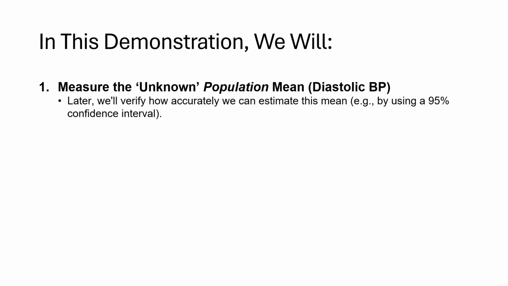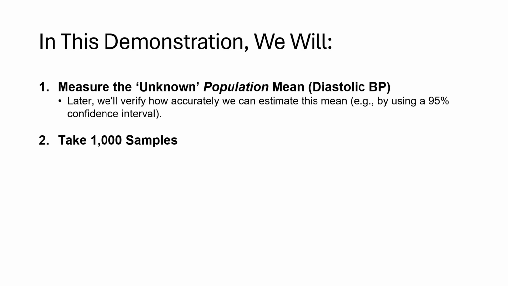In this demonstration, we will first measure the so-called unknown population mean of diastolic blood pressure. We will later verify how accurately we can estimate this mean by using the 95% confidence interval rule.